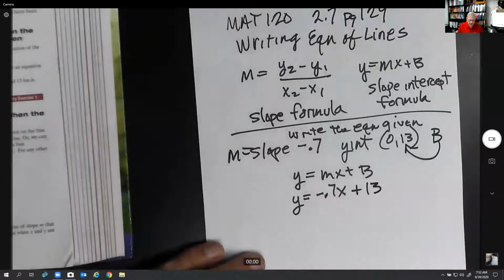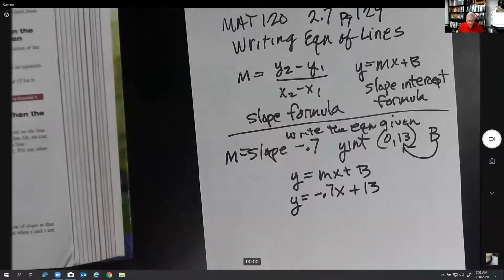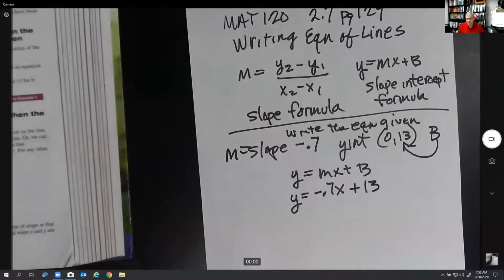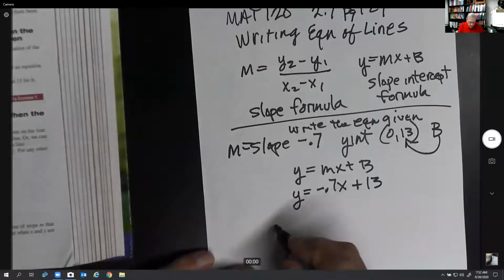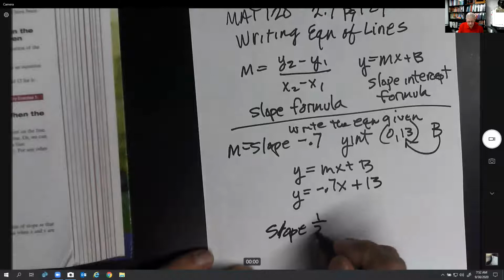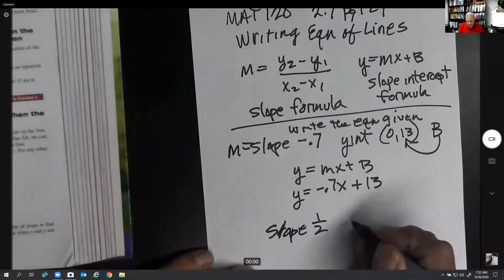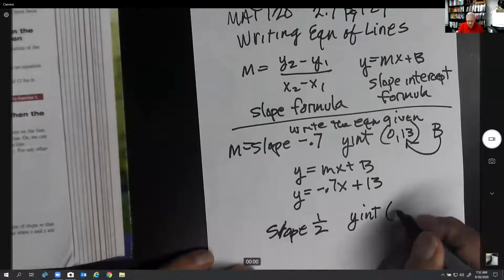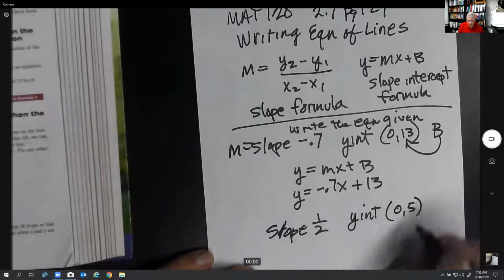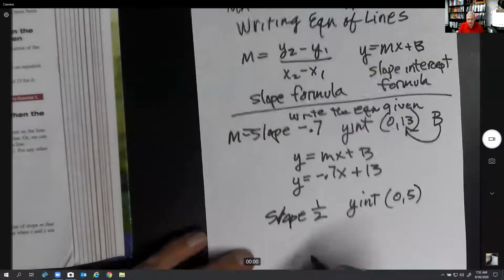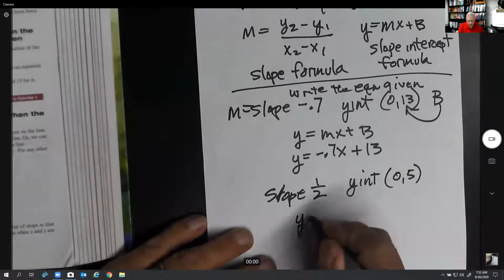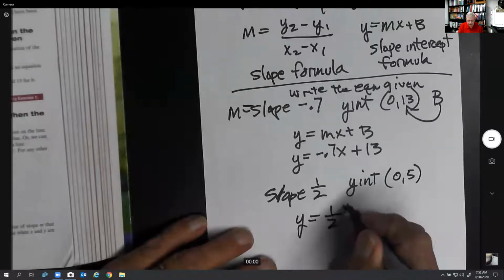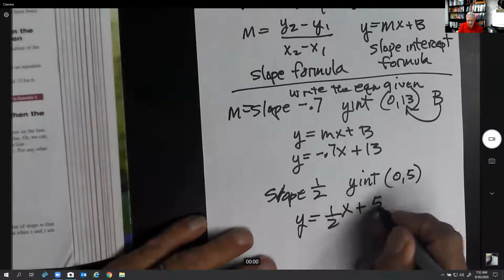And that's all there is to it. So if they gave you the slope is, say, 1/2, and the y-intercept is 5, your equation would be y equals 1/2 x plus 5.